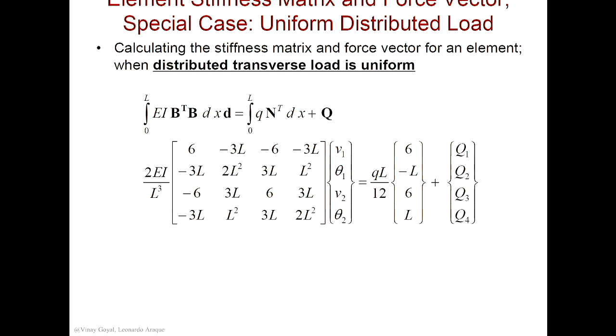So for a uniform load, a distributed uniform transverse load, for that special case, you get QL over 12, 6, minus L, 6, L. Let's see if this is correct, whether this makes sense or not. QL over 12 times 6 is how much? QL over 2. That goes with that node.